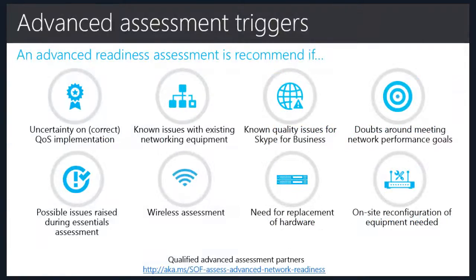So why would I want to do an advanced version of this? Well, once again, the advanced version is provided by partners. They can actually provide a deeper insight and can provide more information on that network. So reasons for this could be that, well, we know QoS is implemented, but has this been done correctly? Maybe there are some issues with networking equipment.